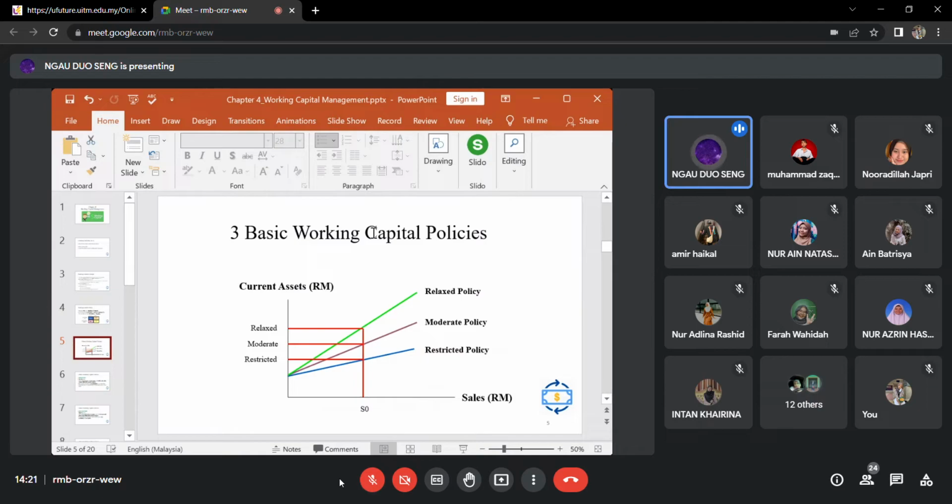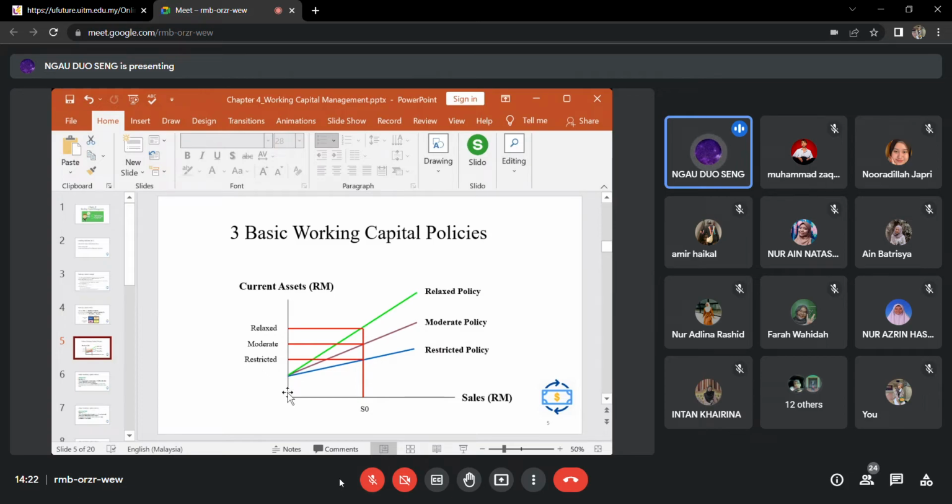All right, check the 3 basic working capital policies. First we have the relaxed policy, then the moderate policy, and then the restricted policy. You can see the y-axis represents current asset and the x-axis represents sales.